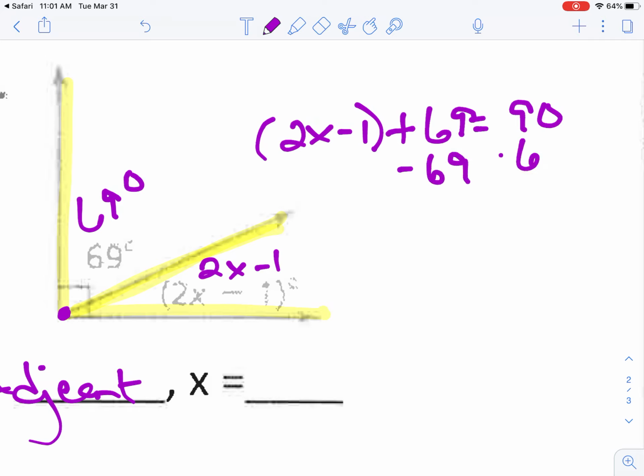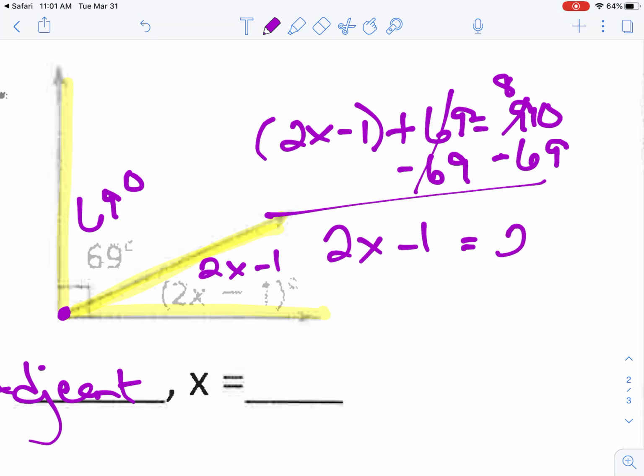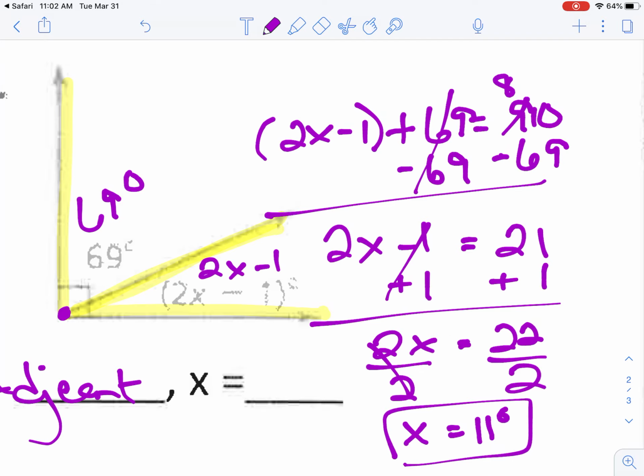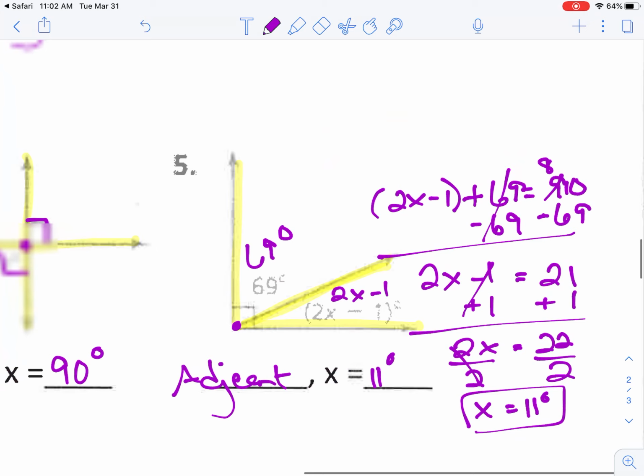I'm just going to get the 69 out of here, subtract it from both sides first, leaving me with my 2x minus 1. So I'm going to get 21. And then I'll do the inverse here, add 1 to both sides to get 22. That says 2 times something, do the inverse and divide. X is 11 degrees.